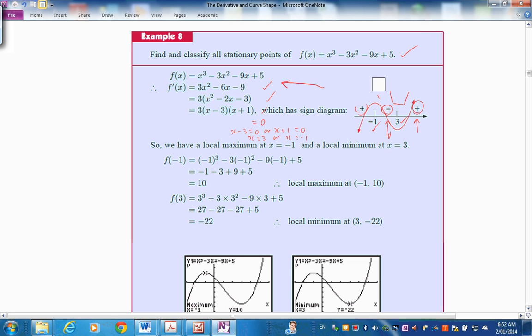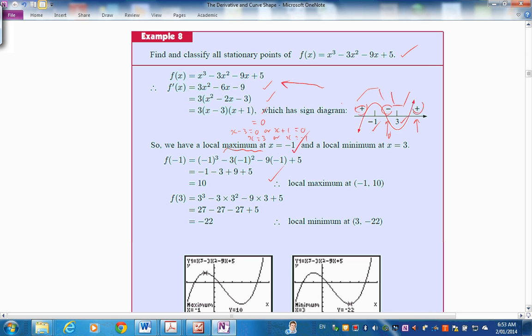Oh, hang on, I just did all that incorrectly, didn't I? Positive, slope. Okay, no, that's okay. Positive, flattening, negative, negative, flattening, positive. Okay, have a local minimum at x is neg 1. Local maximum, sorry, that's it. At x is neg 1.